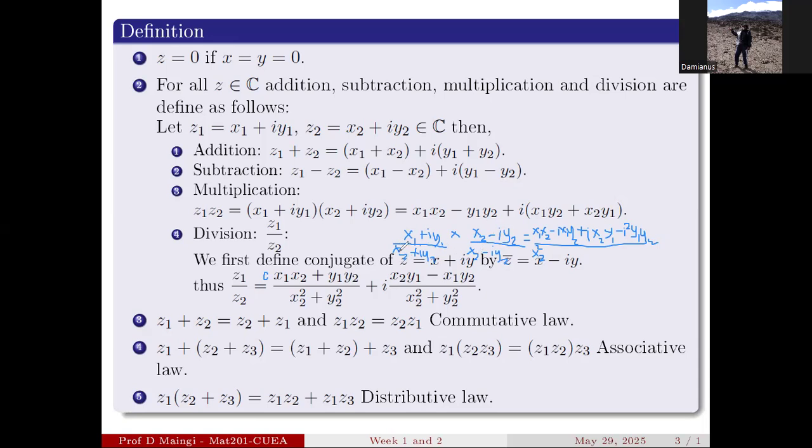Then x2 times iy2 will give you minus i x2 y2. Then lastly, you have iy2 times this guy. It will be plus i x2 y2.